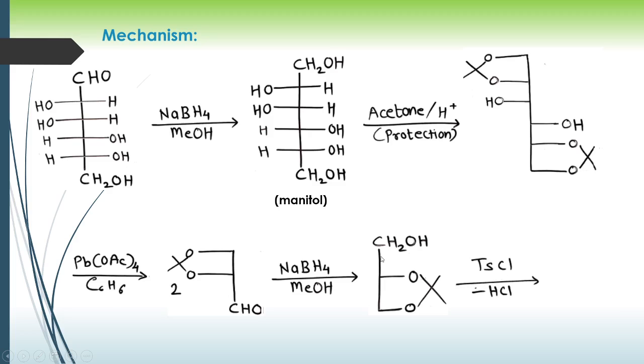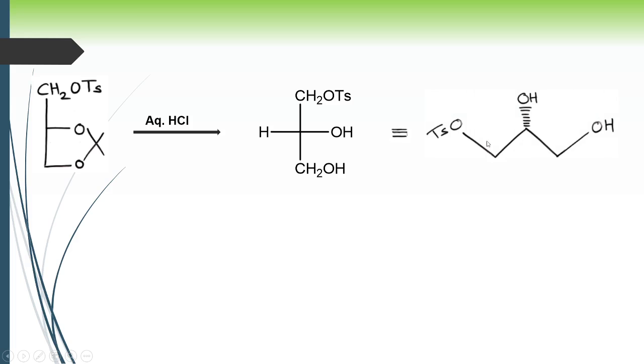Then after, we can get the tosylated product after the reaction with TsCl. And then this OTs, here we use the aqueous HCl for the deprotection, and we got this diol again. We can write it like this.